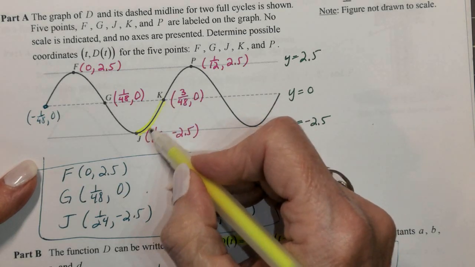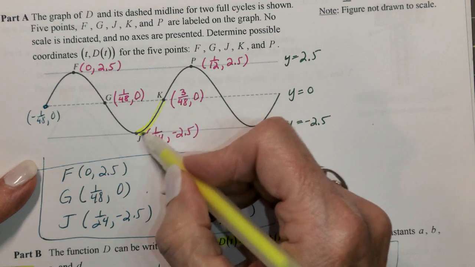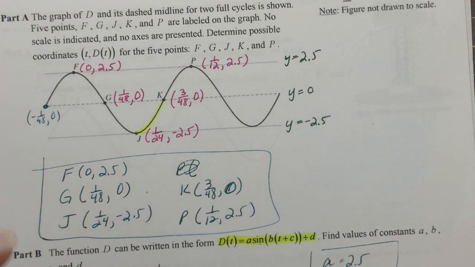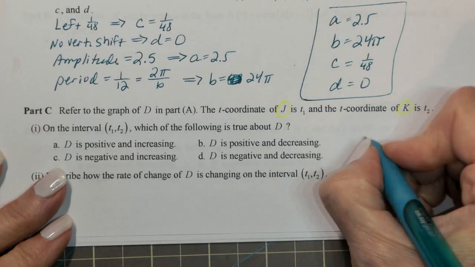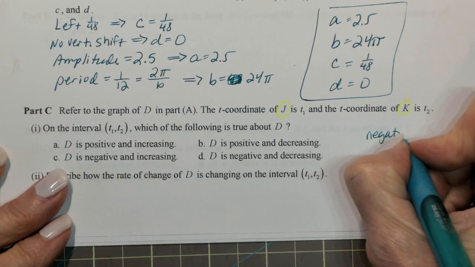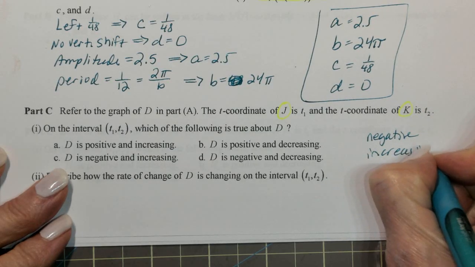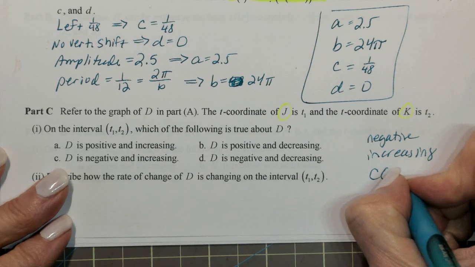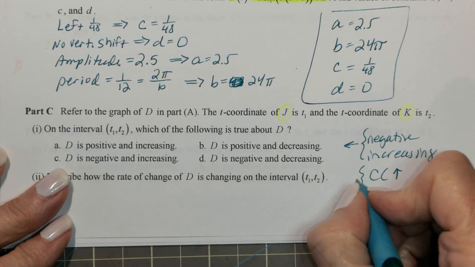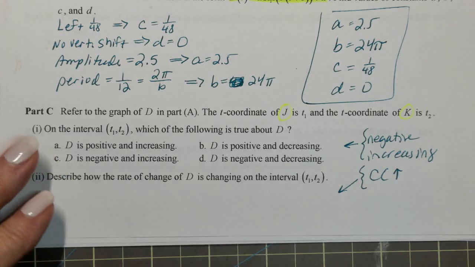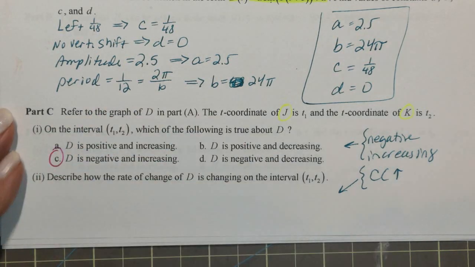So negative, increasing, and concave up. These two will go to this one, and concave up will go down here. Negative and increasing, that is answer choice C.